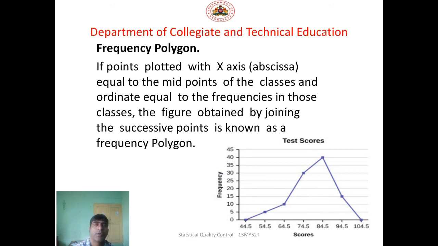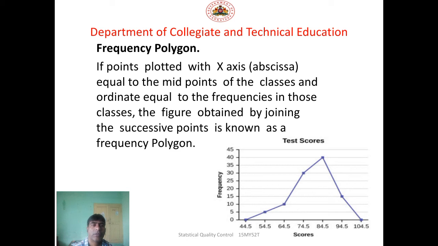So frequency polygon, if the points are plotted with x-axis equal to the midpoint of the class and the y-axis to the frequencies, the figure obtained by joining the successive points is known as frequency polygon.